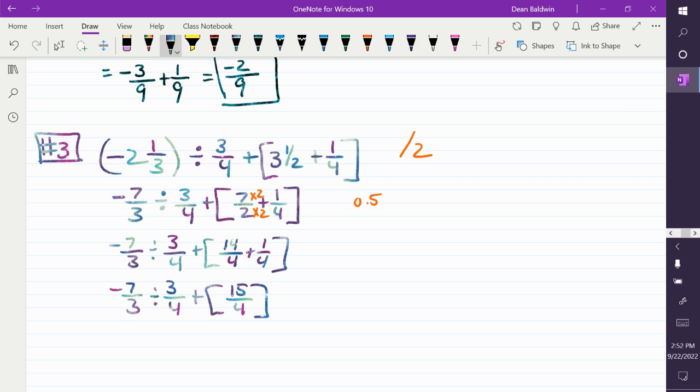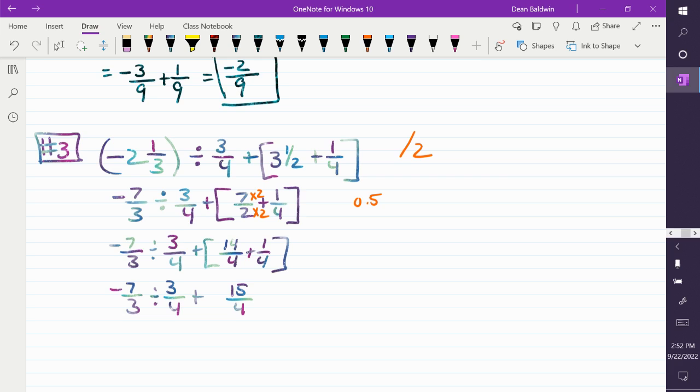So now I have that. Why do you keep the brackets? Oh, you don't have to have the brackets. You've already done that. So I could just erase the brackets like that. You don't need them. Okay, so now we have division and addition. What do I do first? Do the division. How do you divide fractions?